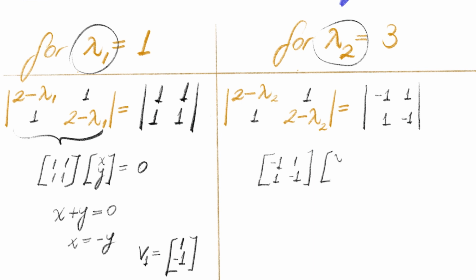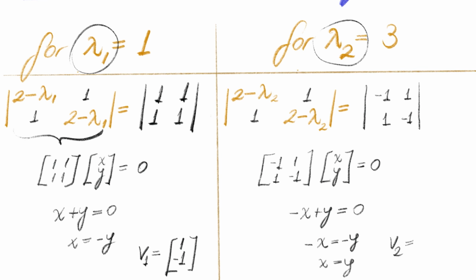So from either row, we have this, which means negative x equals negative y, x equals y. And if we choose 1 for x, y has to be 1 too. So our second eigenvector has to be this.